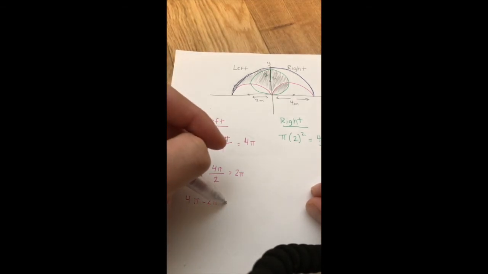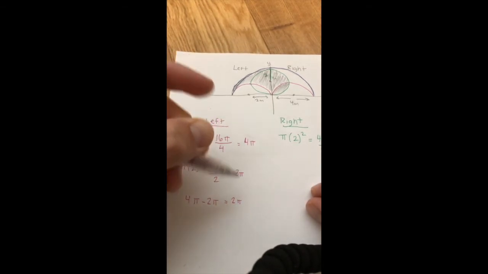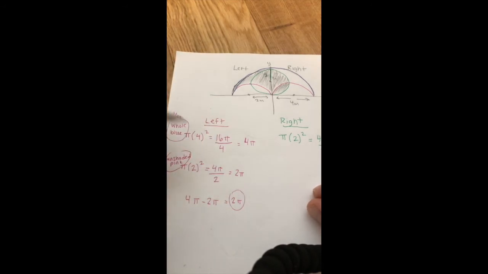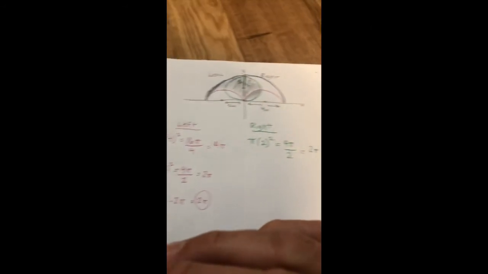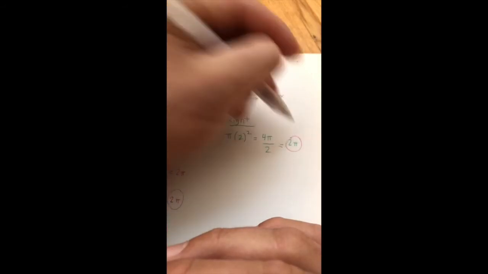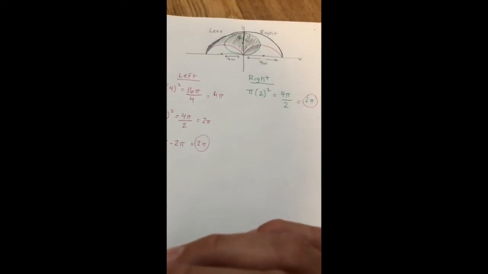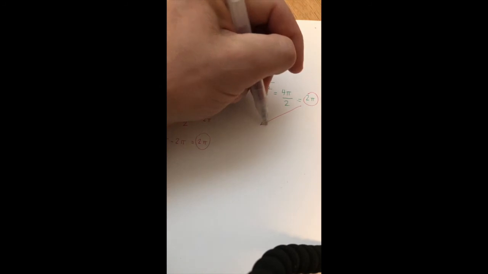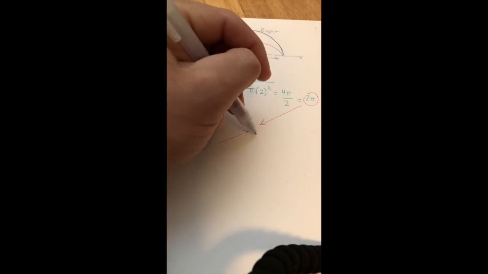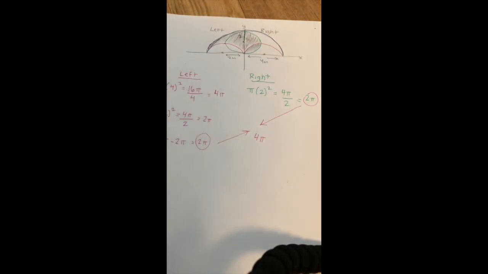That's going to give us 2 pi. That's our left side. And on the right side, which we already did, was 2 pi. So we just add those things together. We're going to bring these to the middle here. 2 pi and 2 pi makes 4 pi total.